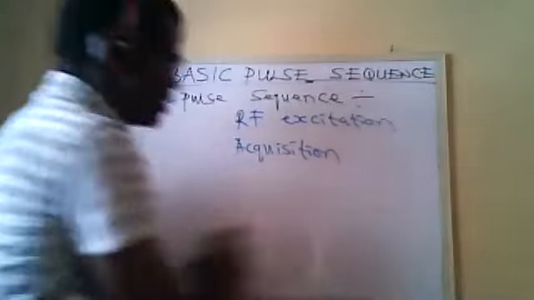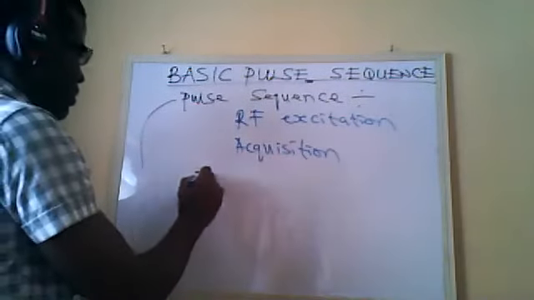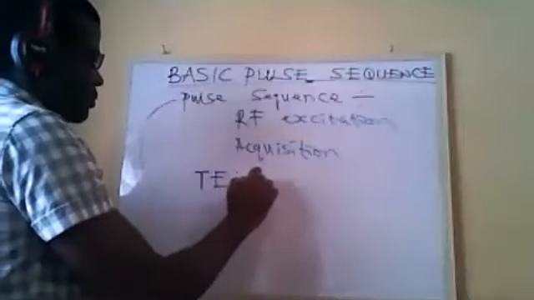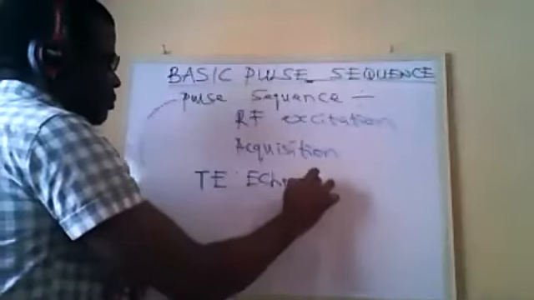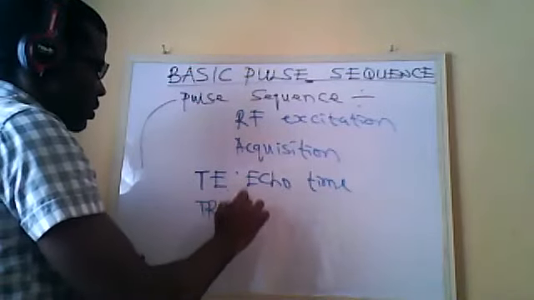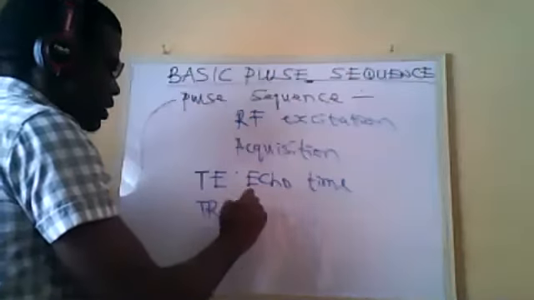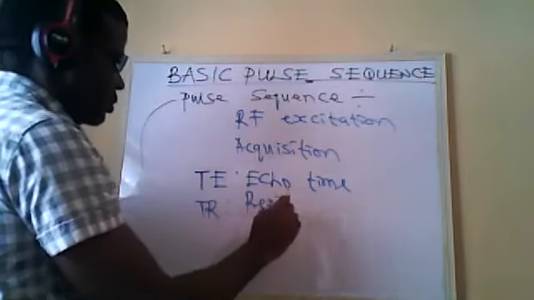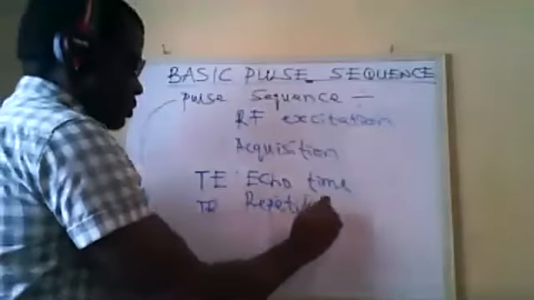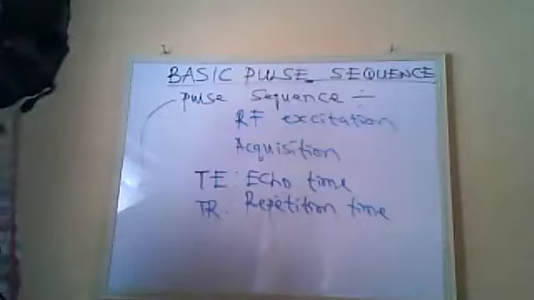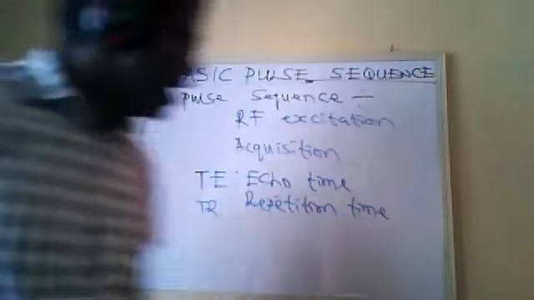Also, let's look at TE. What do we mean by TE? Time of echo, echo time. And TR, repetition time.